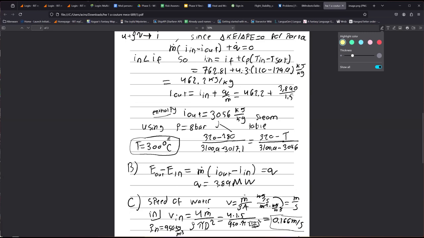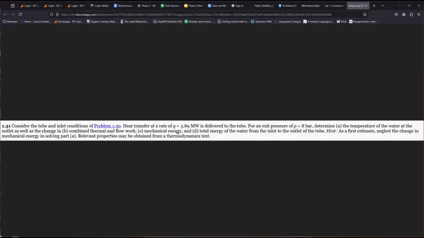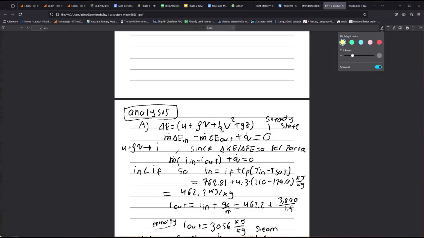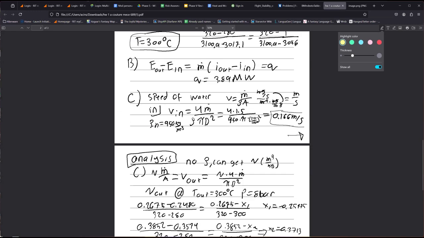Now, calculating for mechanical effects, as stated in the problem, we need to find the speed of the water at the inlet and at the outlet. The speed at the inlet is pretty straightforward because we have the density of the water. All we need to do is divide the mass flow by the density times the area of the inlet, which is simple math. You end up with 0.166 meters per second.